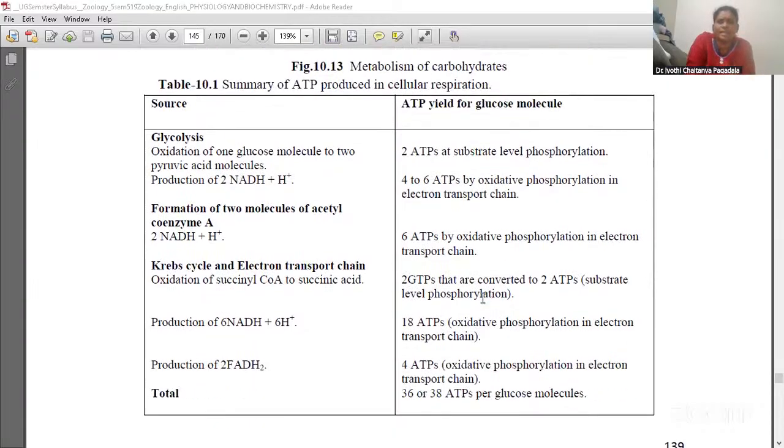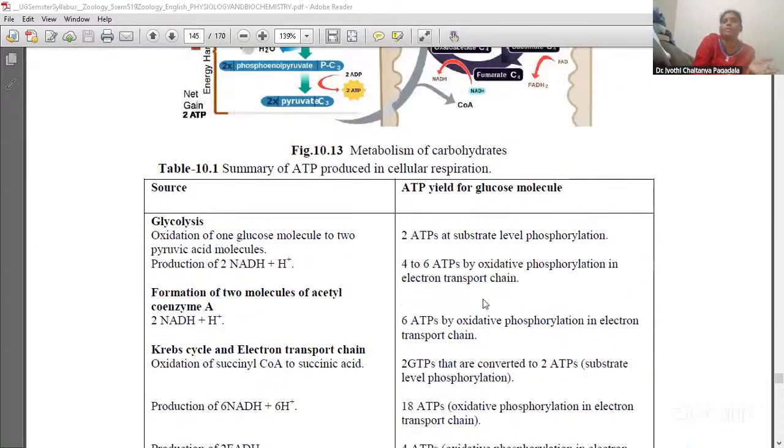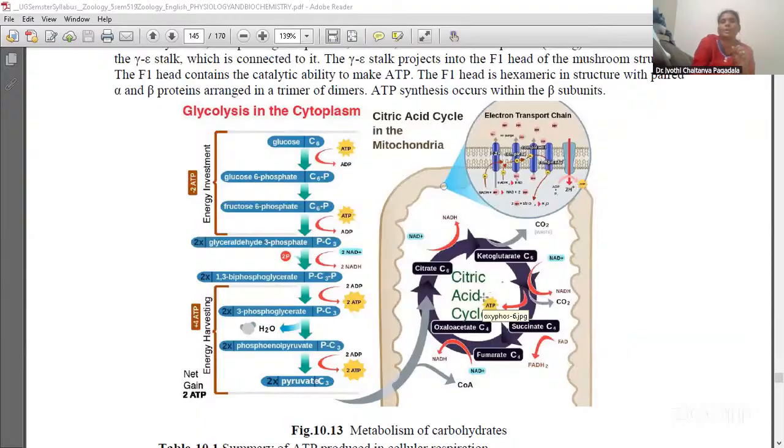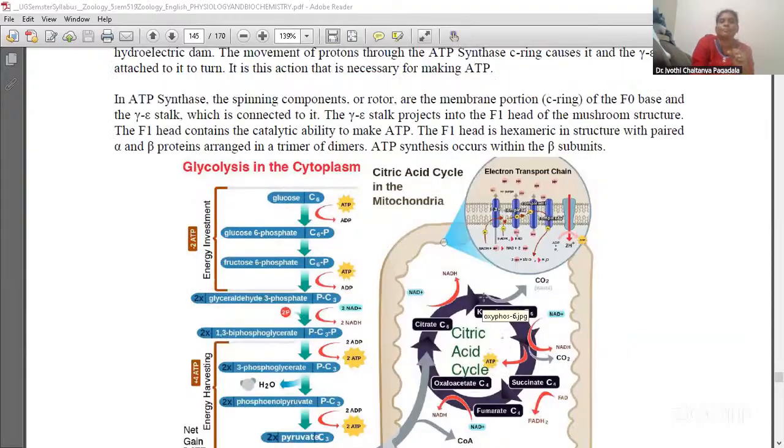Net gain here is 4 ATP molecules, where the oxidative phosphorylation in the electron transport chain. Overall, 36 or 38 ATP per glucose molecule. If one glucose molecule is involved, approximately 38 ATP molecules are produced.